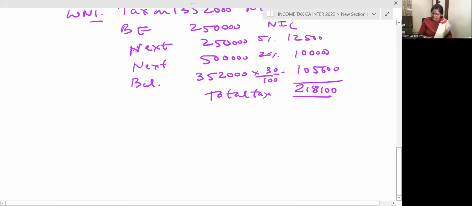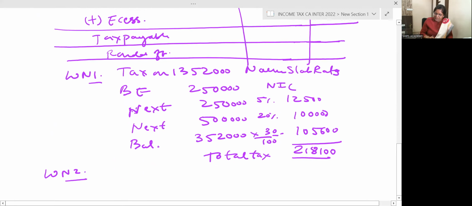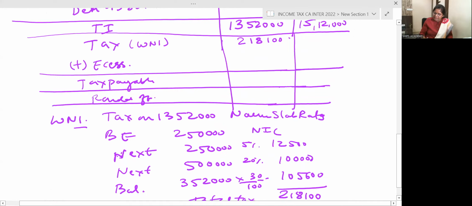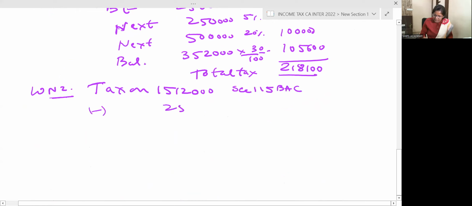2,18,100. Now, not special income, but alternative tax regime, and income is 15,12,000. I hope my speed is fine. 15,12,000 के लिए क्या आपका tax आ रहा है? Tax on 15,12,000, section 115BAC. Again, first 250 nil.